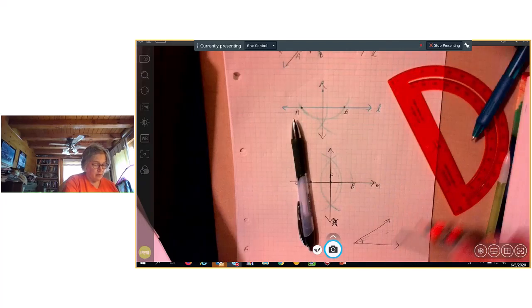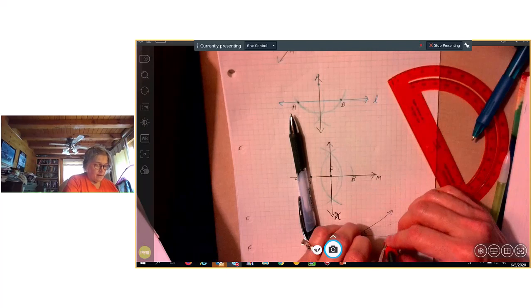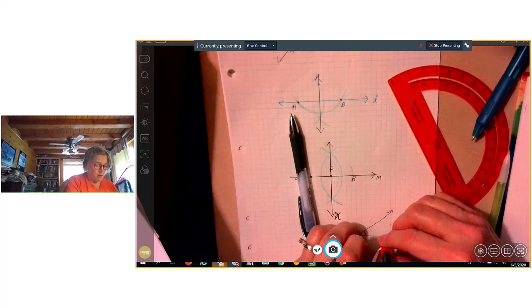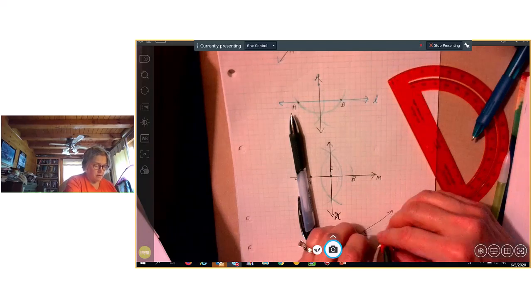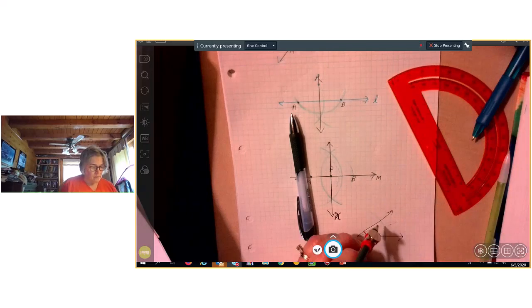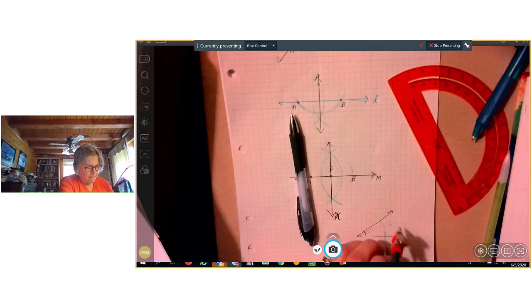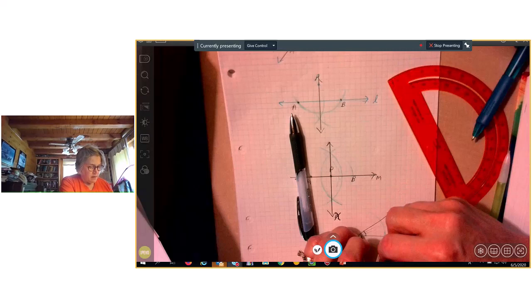So if I just drew an angle on my line, and I have a point on one line, and I'm going to draw this arc. Then you see this arc here.